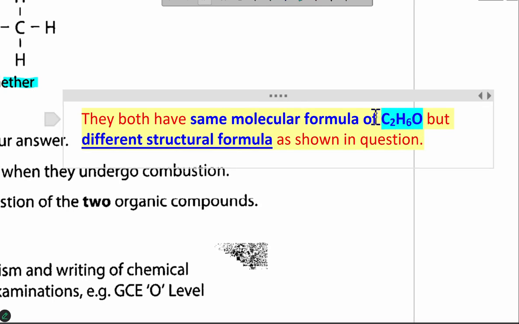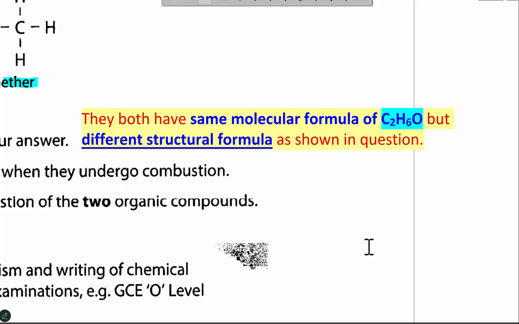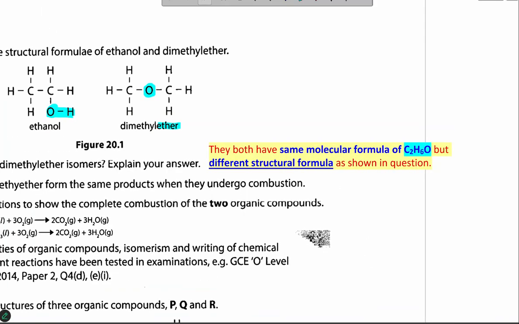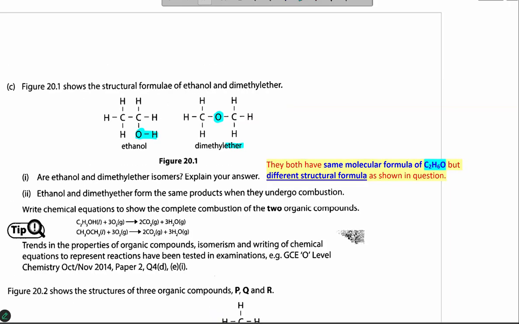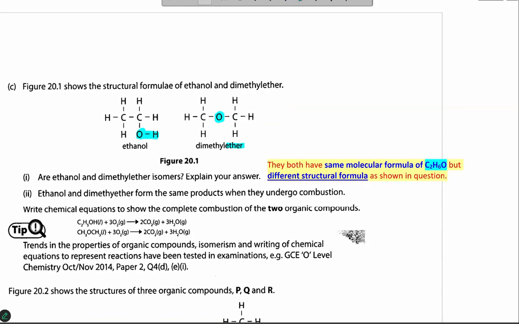Remember I mentioned this, if not we get penalized. But different structural formula because it is shown. So I try to show that I understand that the molecular formula works out like that, all the same, but the structural formula is different. And very interestingly, if you have the same molecular formula when you do combustion, you get back exactly the same thing.